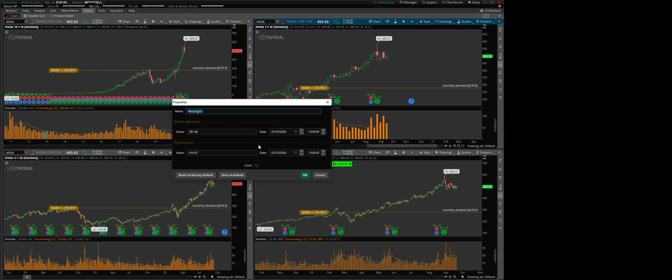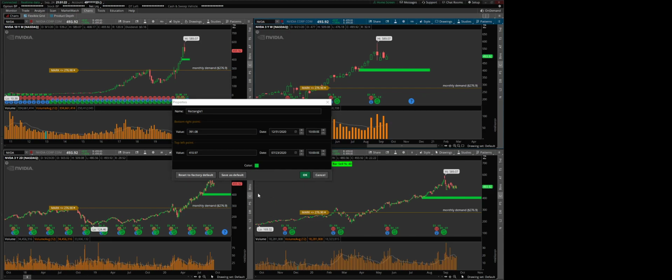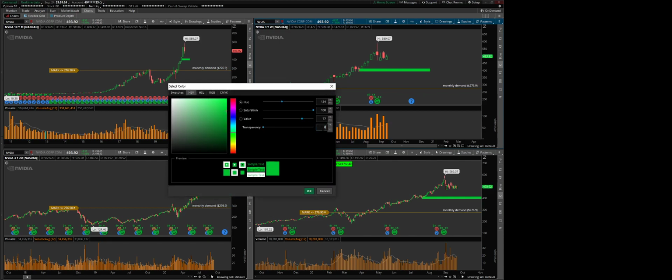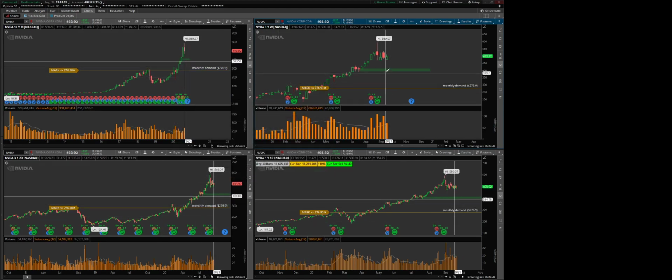For zones on higher time frames, anything from the 4 hour and above, I'll usually extend it a couple months out. So this is a weekly, definitely extending it out, probably until December 31st. Color green, that's too intense. So what I like to do is drop the transparency down. I like 80, whatever floats your boat.